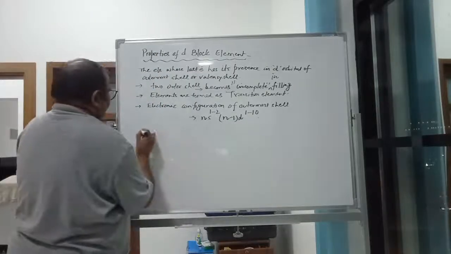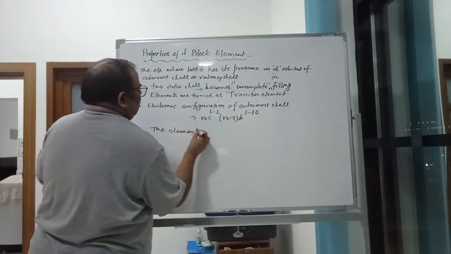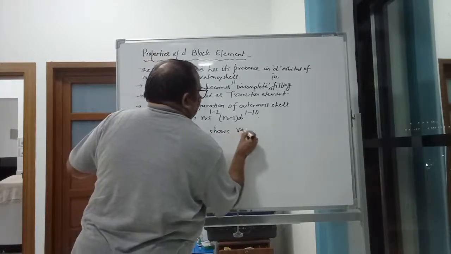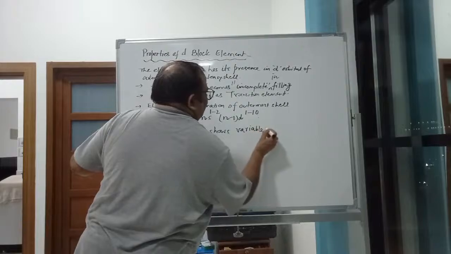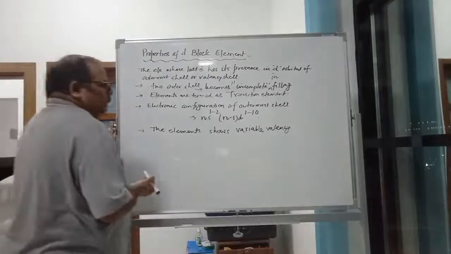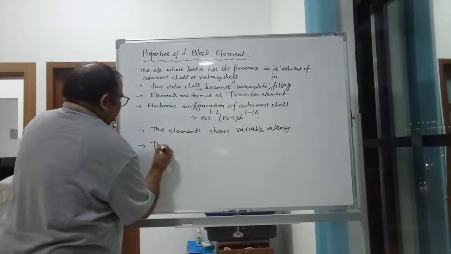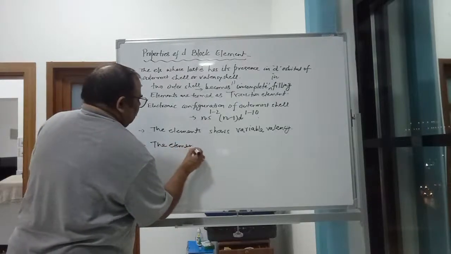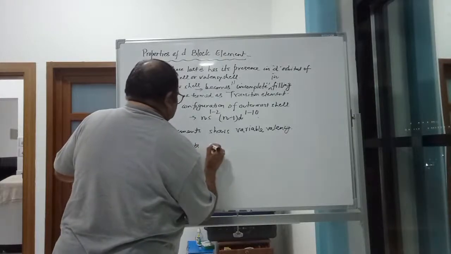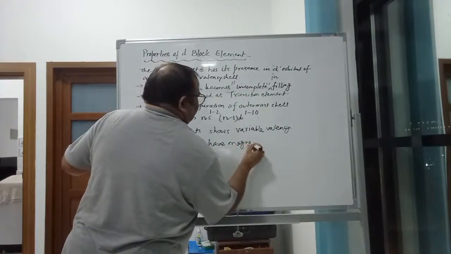Now the major properties. The elements show variable valency, meaning valency alters, like +2, +3, +2. The elements have magnetic properties.